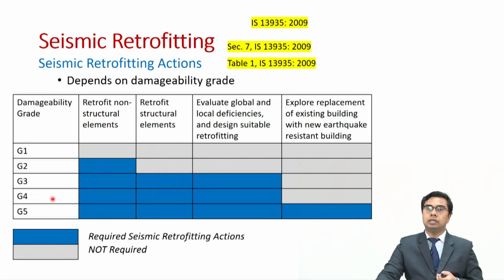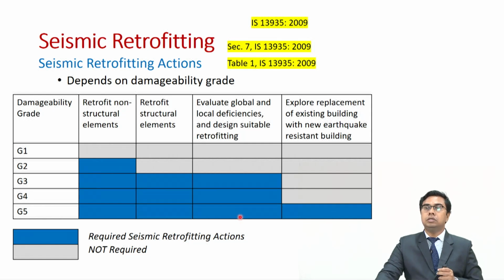For G4, that is very heavy damage, again a similar pattern is seen, but when the damageability grade is of the highest grade, that is G5, meaning nearing collapse, then we will retrofit non-structural as well as structural elements. We will also evaluate global and local deficiencies and design suitable retrofitting, but at the same time we shall also explore replacement of the existing building with a new earthquake resistant building.